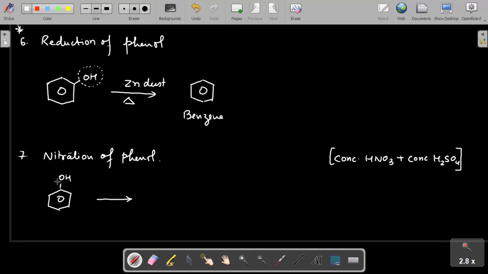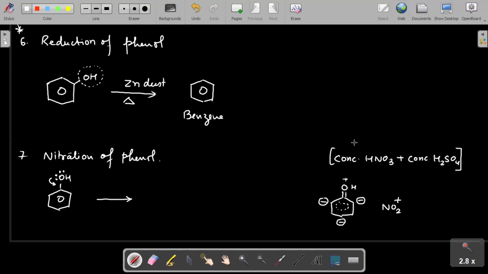But now here, because the OH group is an electron donor group, oxygen on the OH group has two lone pairs, which it gives to the benzene, and we get the ortho and para positions having more electron density, and that welcomes the electrophile nitronium ion, NO2 plus, easily.